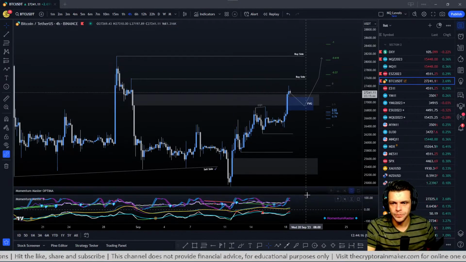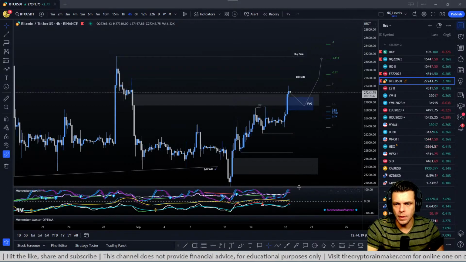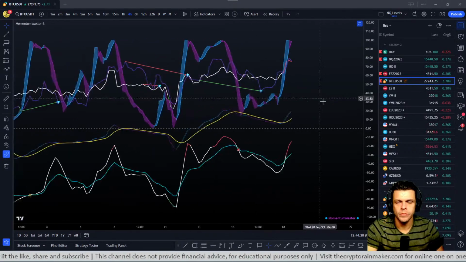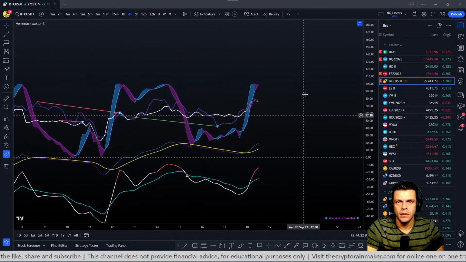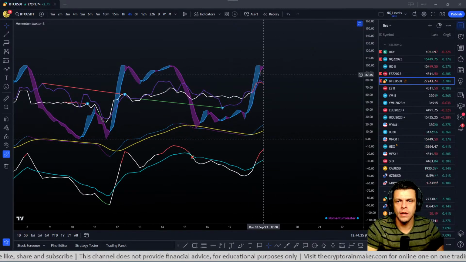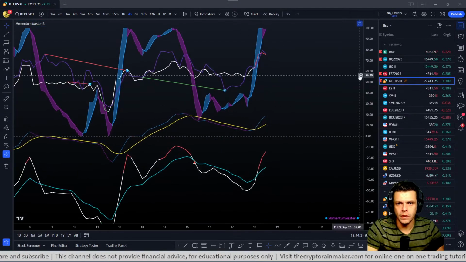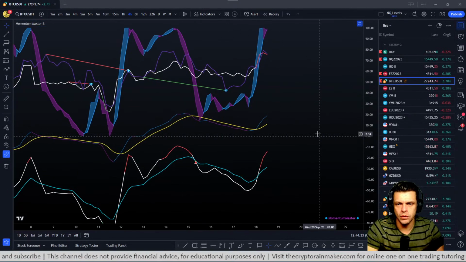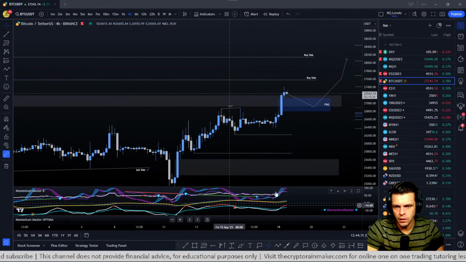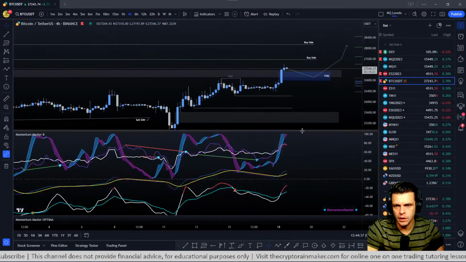Okay, so if we have a look at the Momentum Master B, the stochastic RSI is flipping bearish, the money flow and the RSI pointing to the downside, and then this looks like a bearish divergence on the MACD and the Williams. Make it a little bigger.